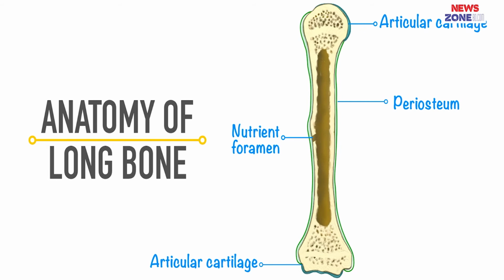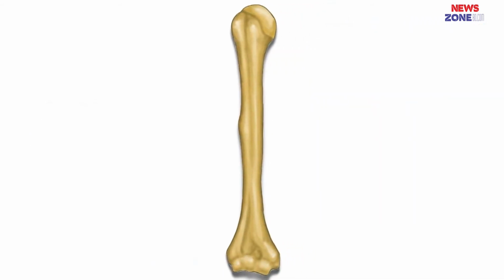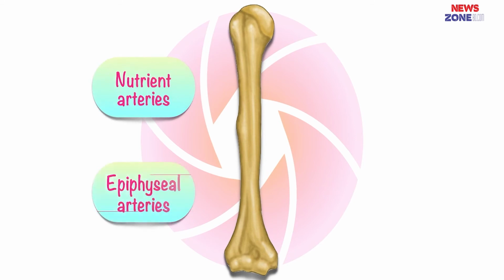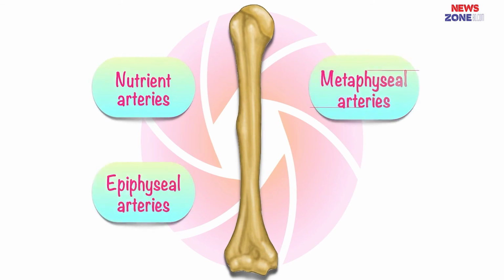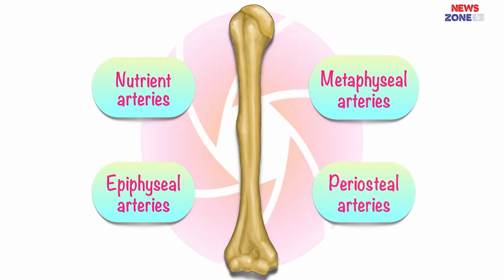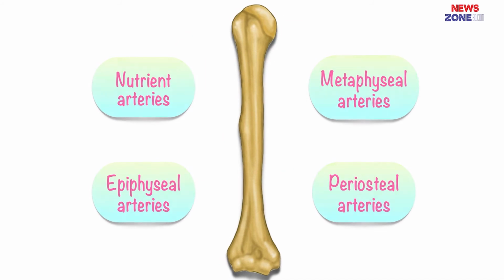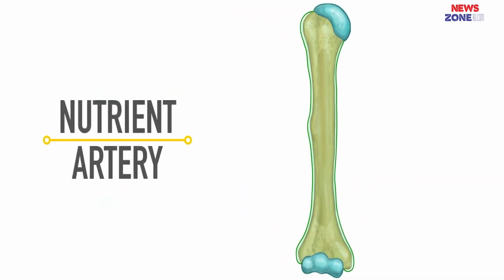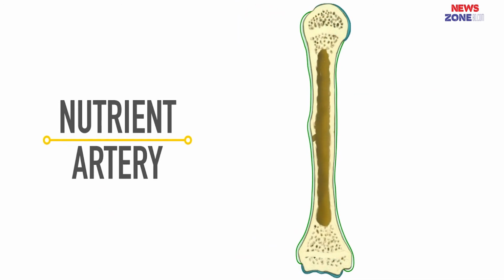Blood supply of the long bone accounts for 5 to 10% of the cardiac output. A typical long bone receives blood supply from various sources. These include nutrient arteries, epiphyseal arteries, metaphyseal arteries, and periosteal arteries. Let's look at them one by one. The nutrient arteries form a high-pressure system derived from major systemic arteries.